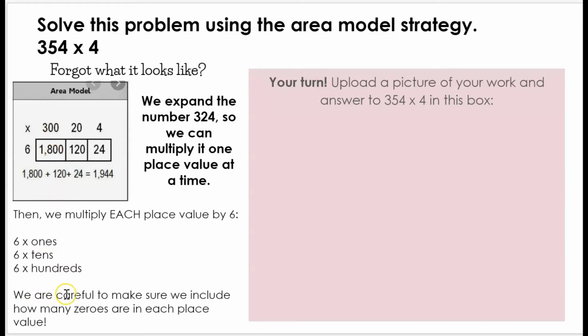We're careful to make sure we include how many zeros are in each place value. In 324, the 2 tens isn't just 2. I wouldn't only do 6 times 2. 2 tens needs to have that 0 at the end to make the number 20. Otherwise, we're not going to be adding up the correct numbers to find our total product.